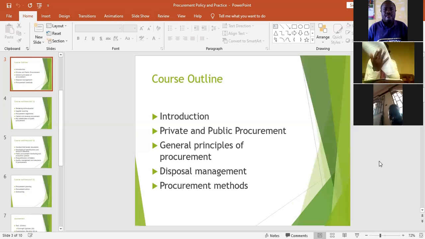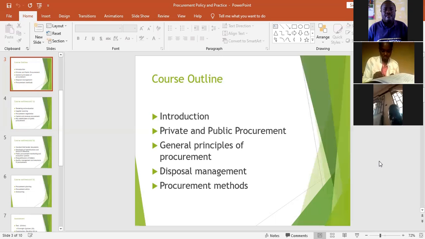That's why, with open domestic bidding, a bid notice in a national newspaper or any other modern way of advertisement like social media must be done. A procurement unit will invite the bidders, and the bidders must obtain bid documents from the project organization, and after that they submit their bids.